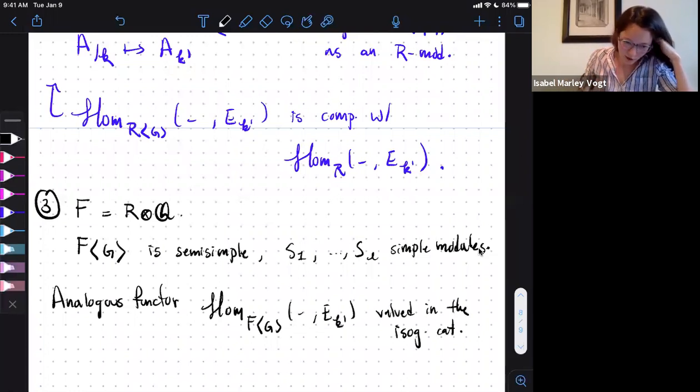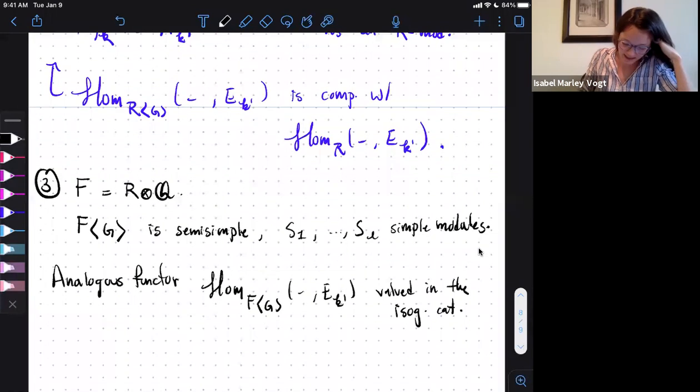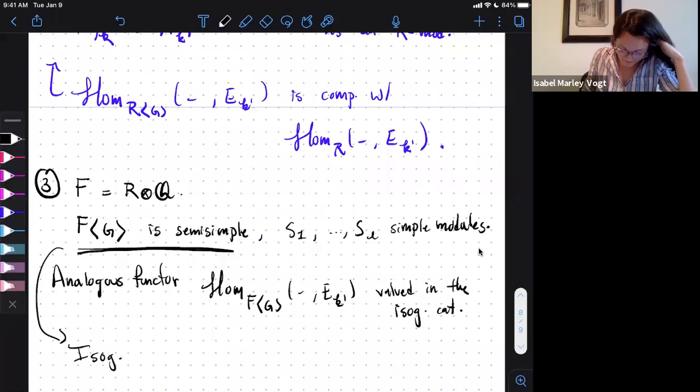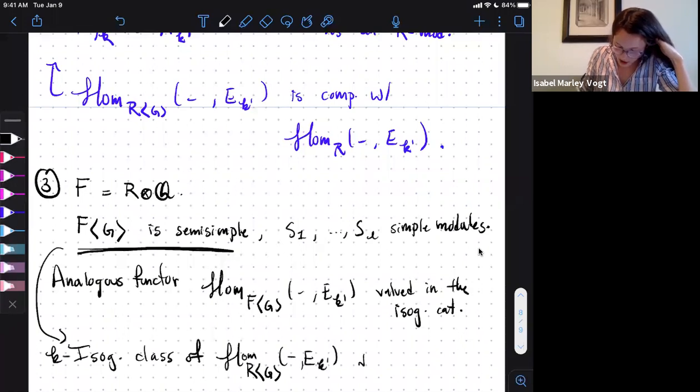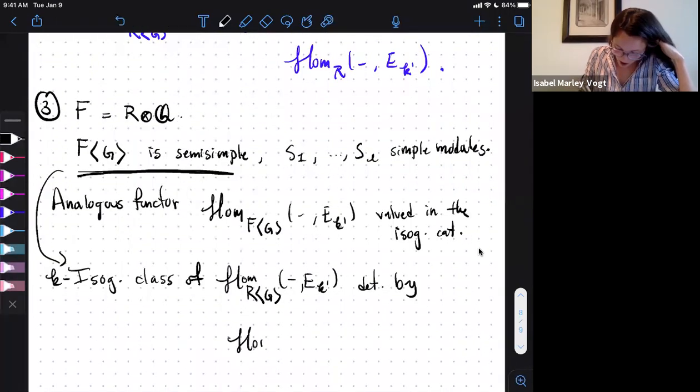So looking at this, we can figure out what the isogeny class is, and because this is semi-simple, what this says is that the K isogeny class of something in the image of this R⟨G⟩ functor is determined by these Hom of F⟨G⟩ S_i into E_K'.